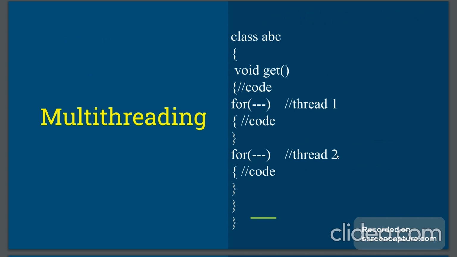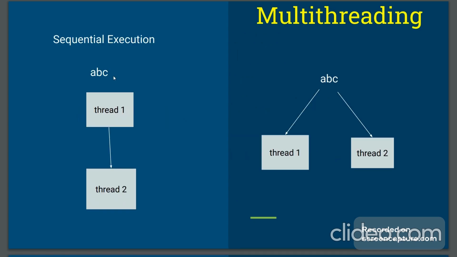If I perform sequential execution of this class ABC, first thread 1 will execute completely and then thread 2 will run, so it will take more time. But in multi-threading, for this class ABC, both threads will be running at the same time. So half of the execution time will be saved.